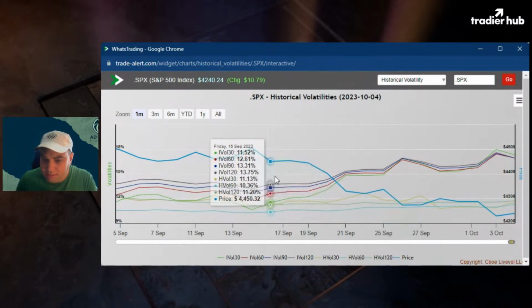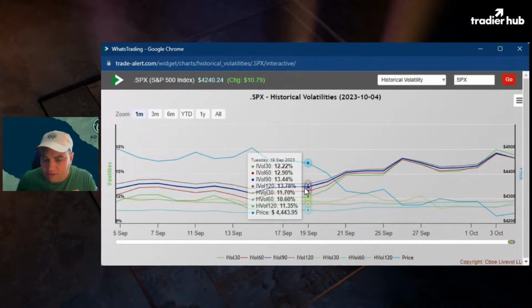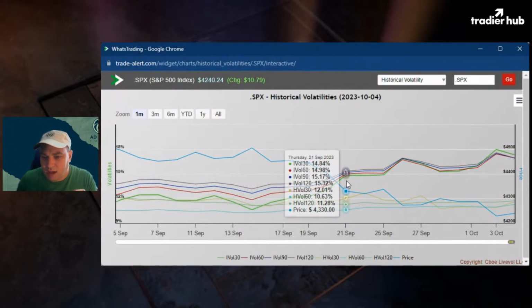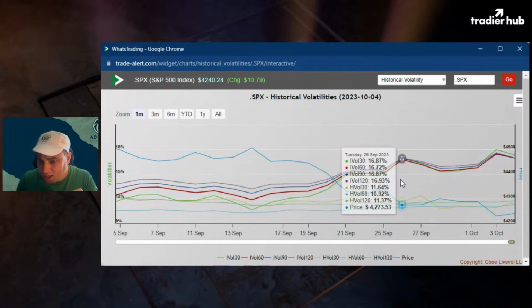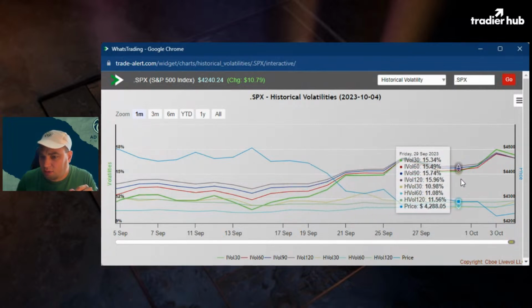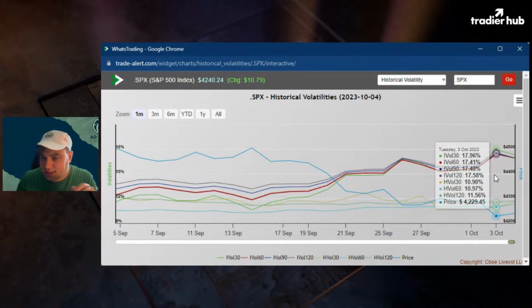Yet you see implied volatilities have started to take off, starting on 19 September up to 21 September when the market started really dropping. And we've gone all the way up to 17, 18. Now, the way Trade Alert does it is they use an at-the-money implied volatility measure. So whatever the 50 delta is, or the closest to 50 delta, that's the implied volatility they're using.